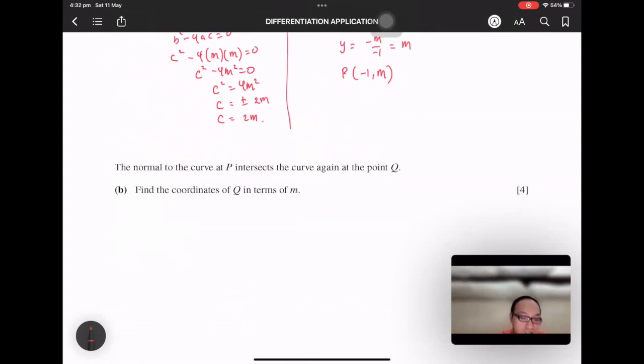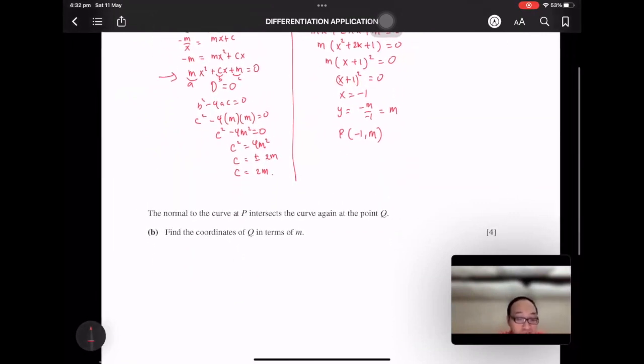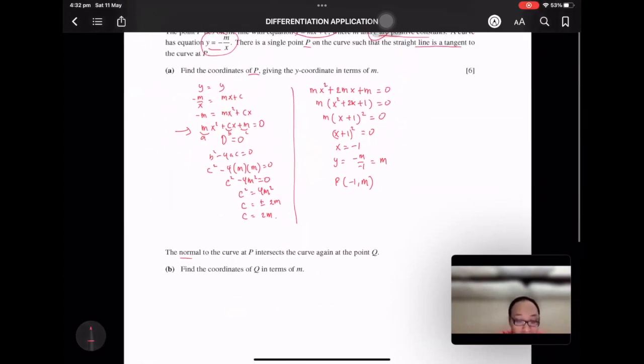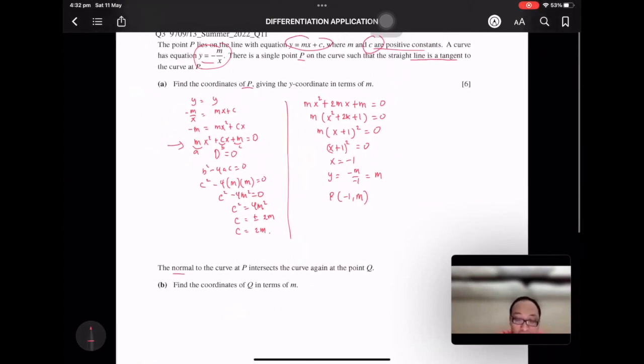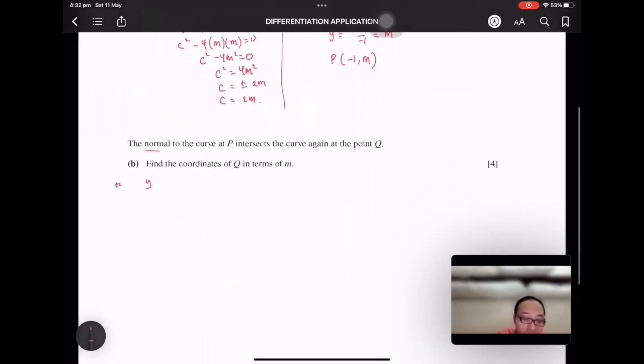The normal to the curve at p intersects the curve again at point q. Find the coordinate of q in terms of m. So we have to find the equation of the normal at point p. So we know that the tangent is y equals mx plus c, y equals mx plus 2m.